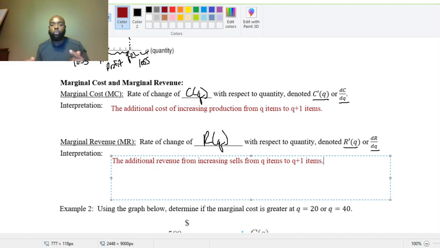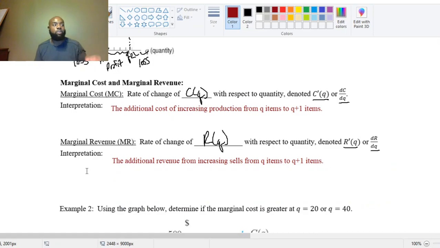So it's the additional revenue. Again, we're using that slope, 1 unit change in your input. It tells you how much your output is going to change, right? And so if I increase my sales from Q to Q plus 1 items, that's how much I expect my revenue to increase or change, all right?